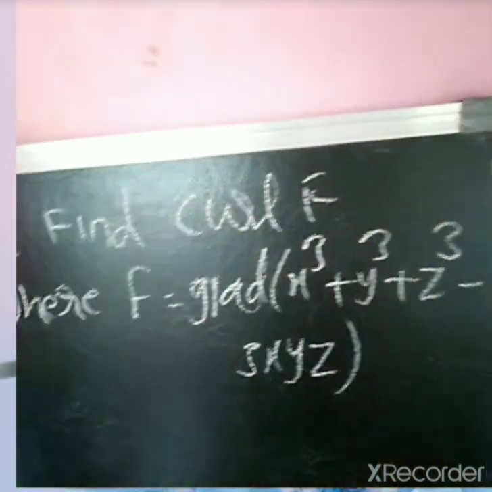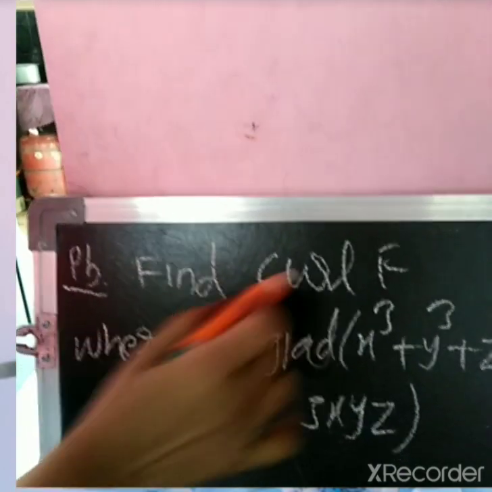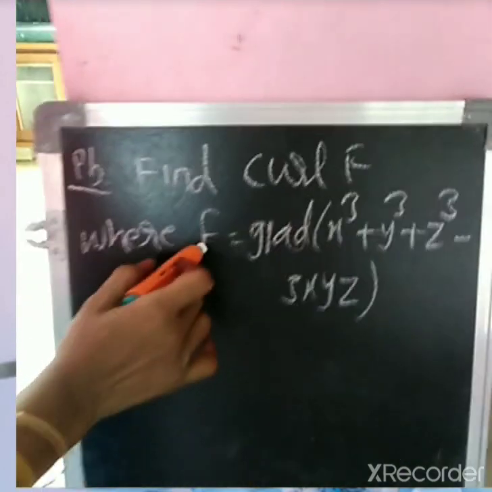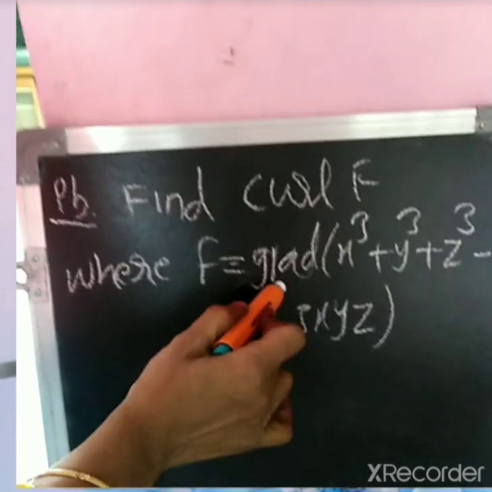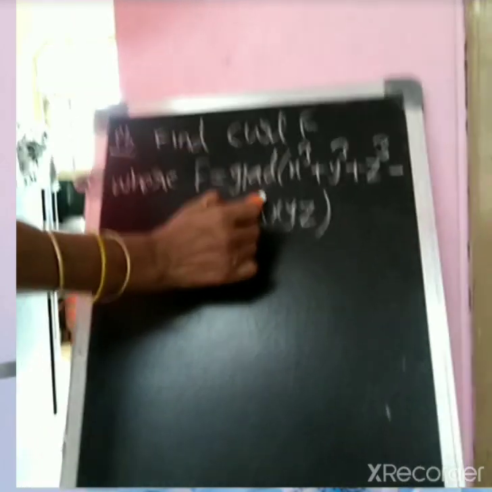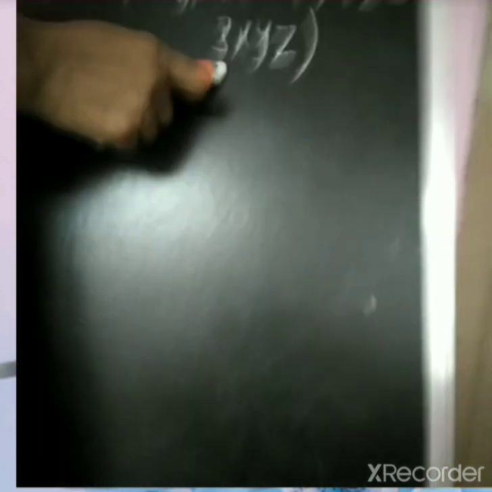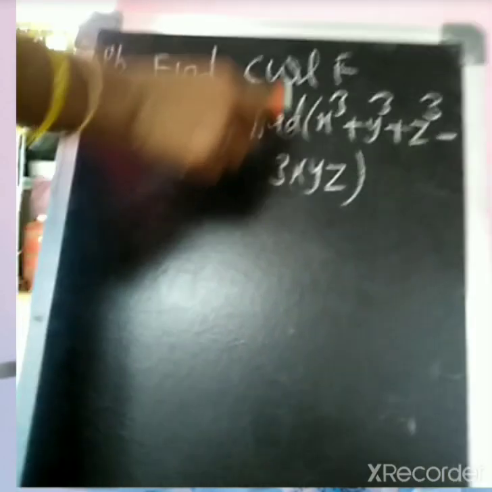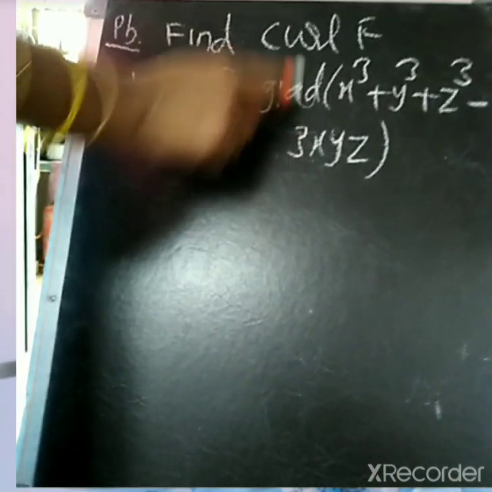Here f is equal to the gradient of x cube plus y cube plus z cube minus 3xyz. So first we find the value of grad, then we find the value of curl.